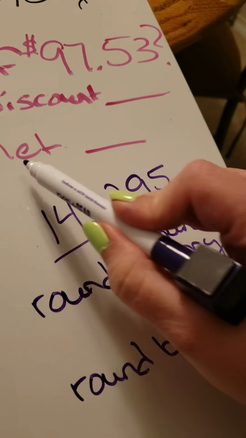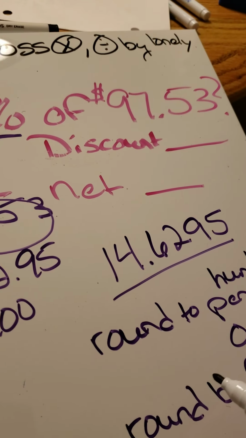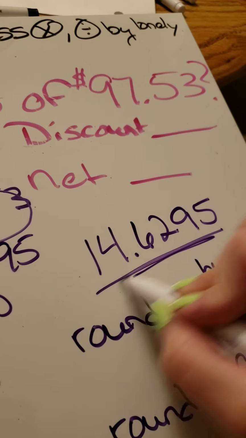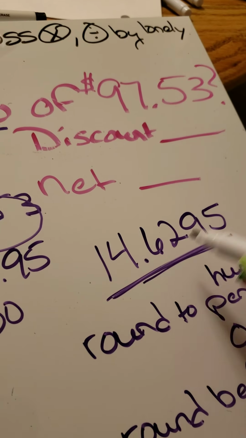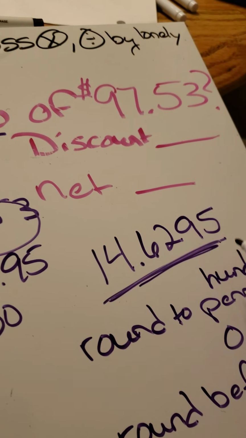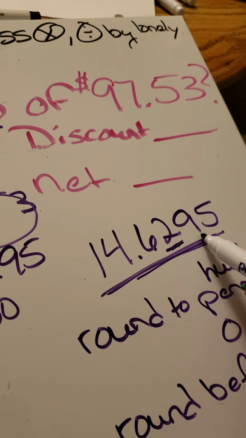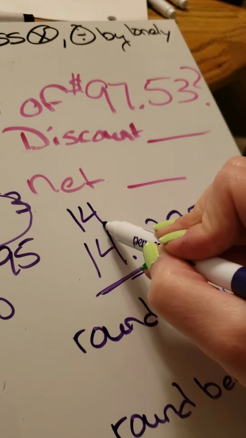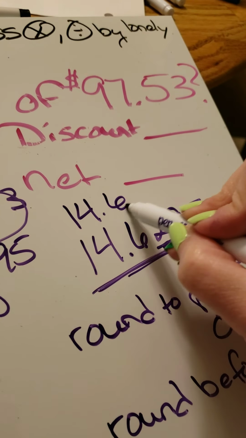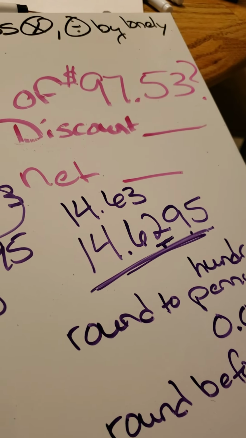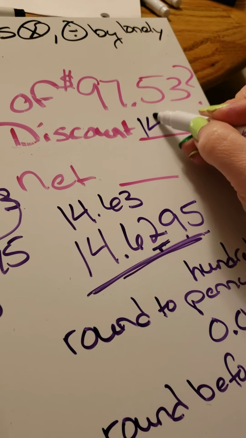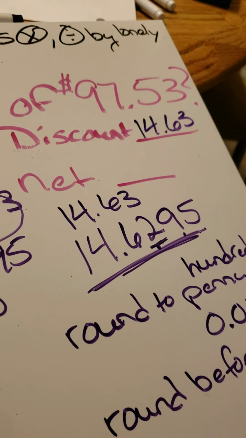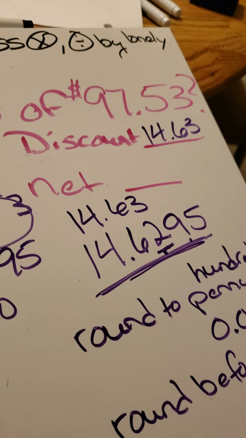So, net is our bottom line, what we're finally going to pay. To figure out our net, I need to round my discount first. So my discount is going to be rounded to the penny. The 9 is going to change my 2 to a 3. So my discount is going to be $14.63. Okay, now we're going to get the net.